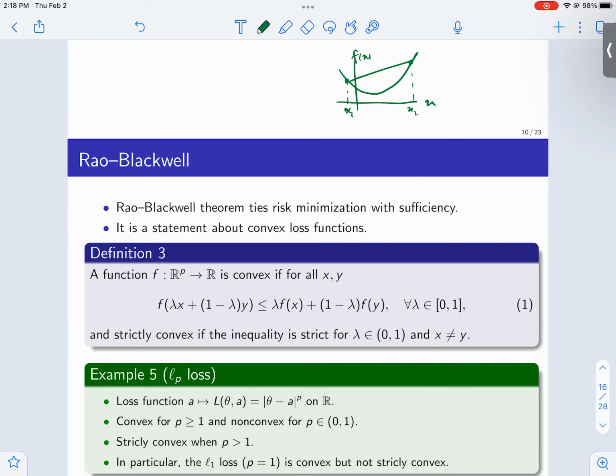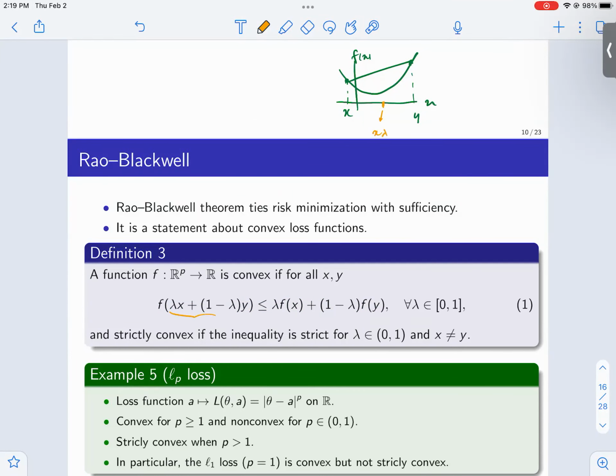The first derivative would be monotone increasing, let's say. So this definition, what was your name again? Wayman. Okay. What Wayman mentioned is exactly this definition that's written here. If you look at X and Y and interpolate linearly between them, this would be X lambda.